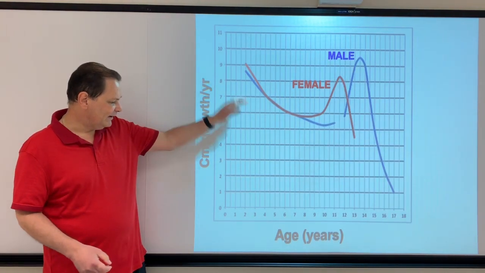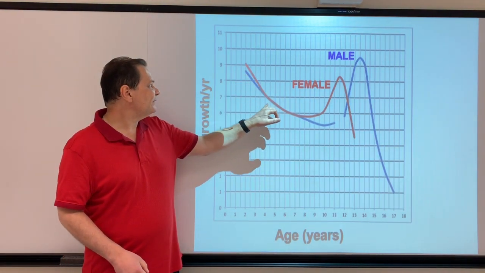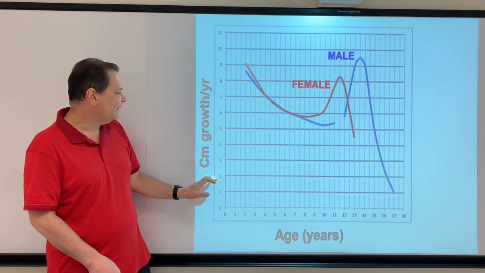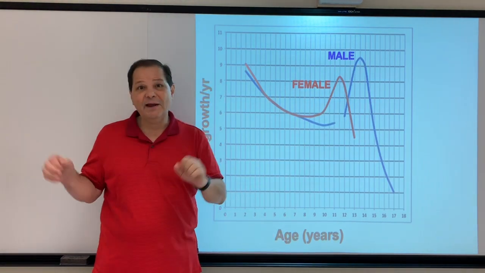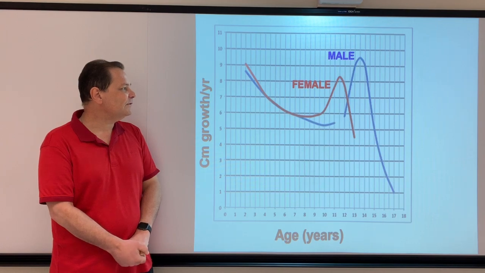Growth obviously begins as you're an embryo, and once you're born, this is the rate of growth on this graph. It's on the y-axis as a function of age in years on average for the typical male and female, male in red, female in blue.